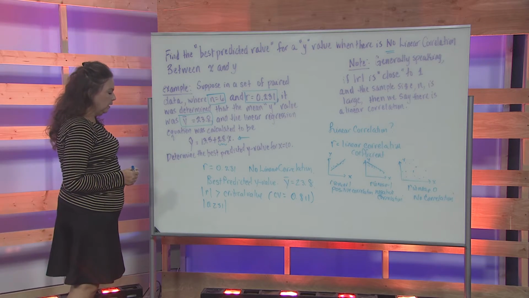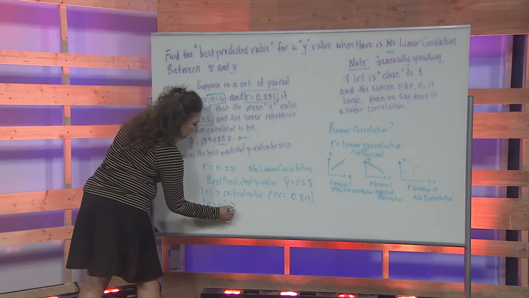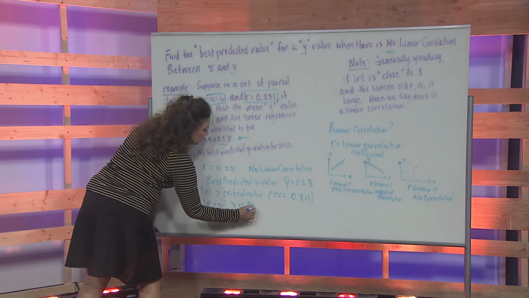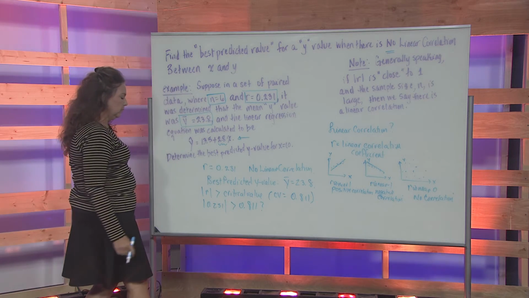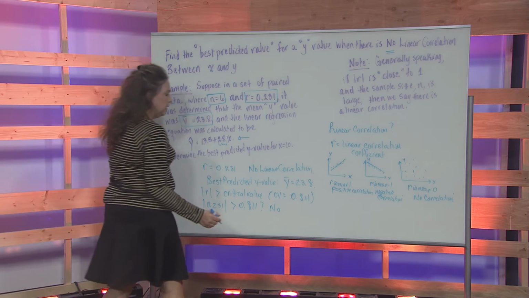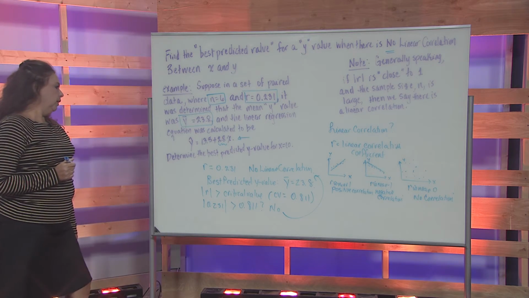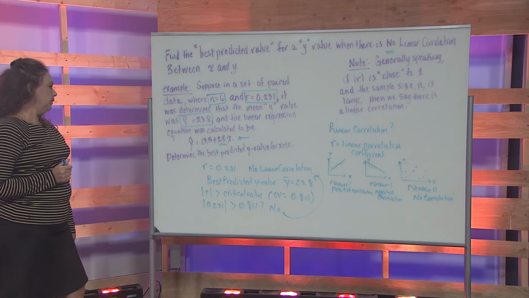So we're comparing the absolute value of the linear correlation coefficient, and we want to know whether or not that is greater than the critical value. It is not, so no. So then no linear correlation exists between the paired data.